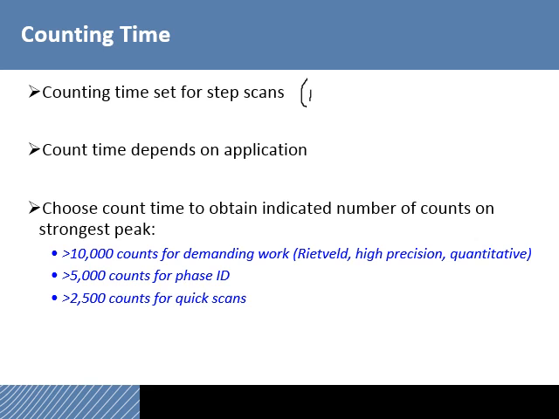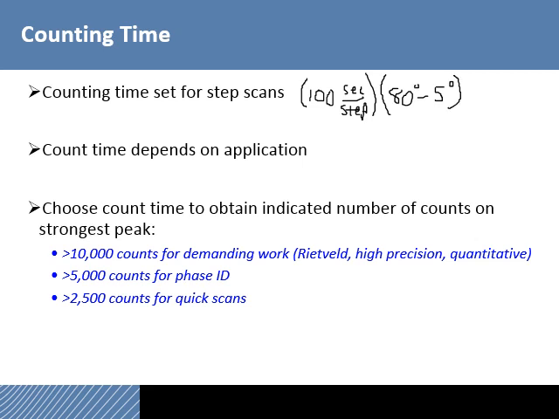So if we have 100 seconds per step, times the range of your scan. Let's just say, for example, we decide to do a range from 5 to 80 degrees 2 theta.